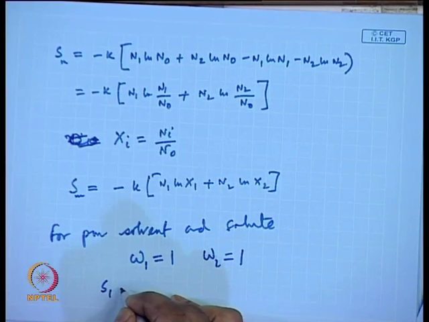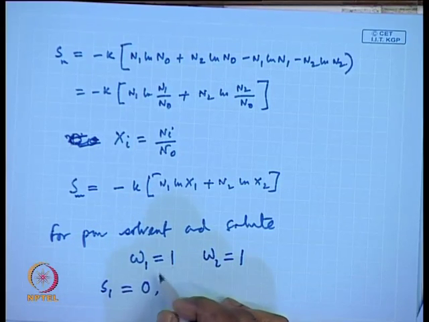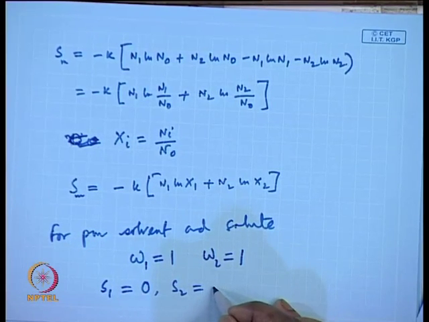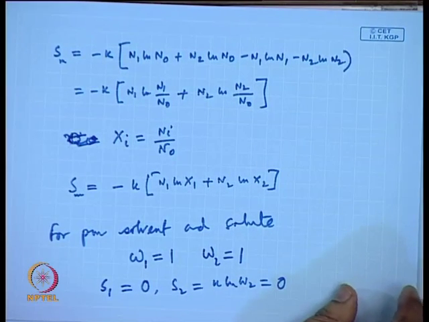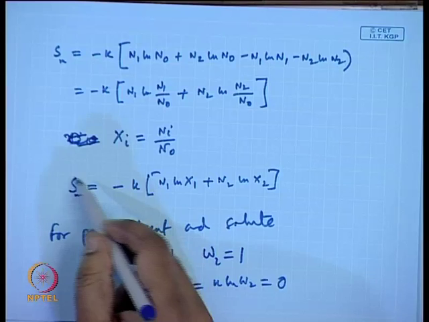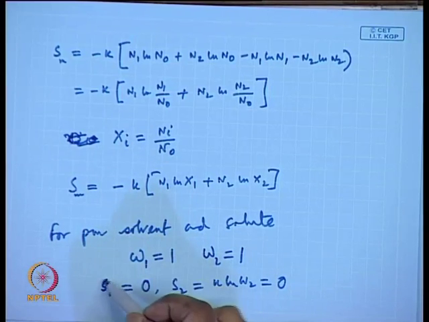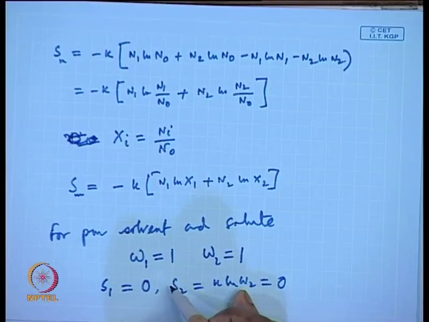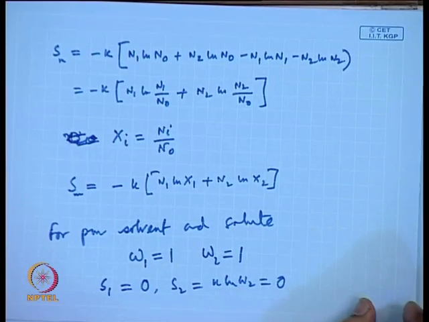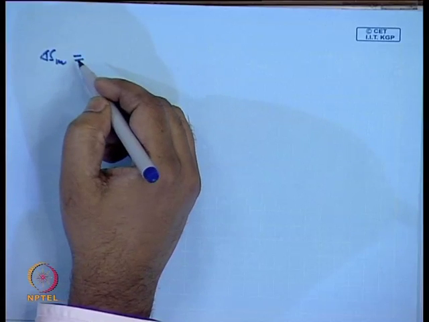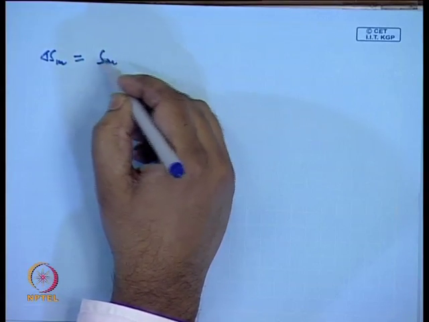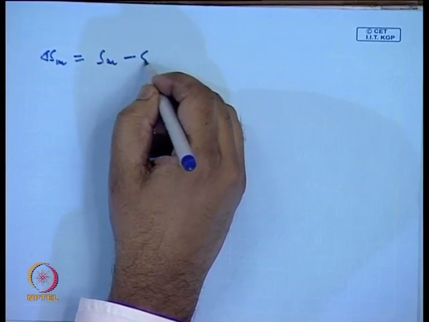So, S1 is 0 and S2, which is K ln W2, is also 0. So, this is the combinatorial entropy for the mixture, this is the entropy for the solvent, and this is for the solute before mixing.